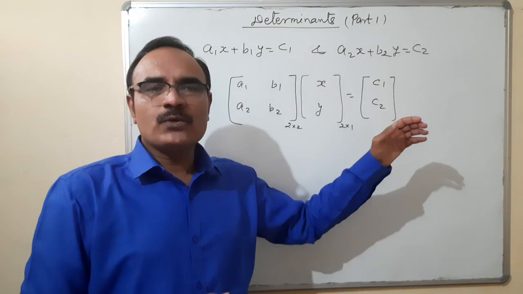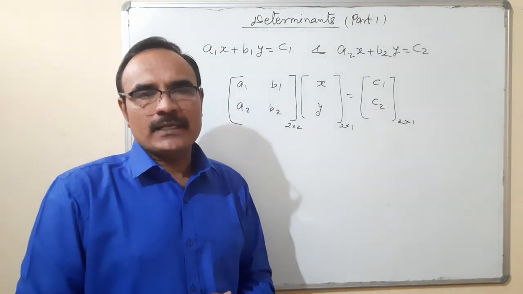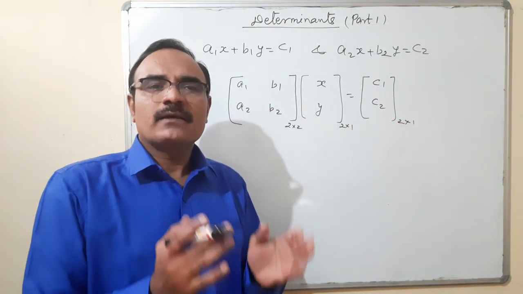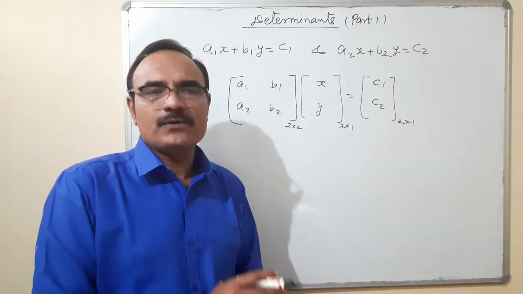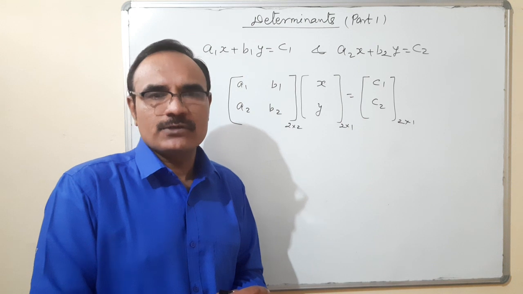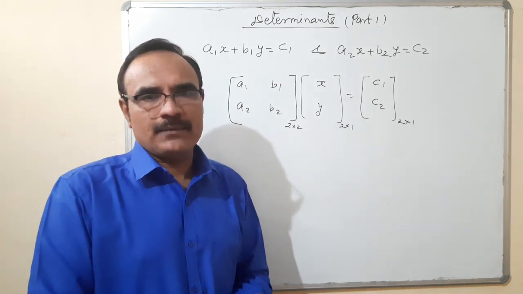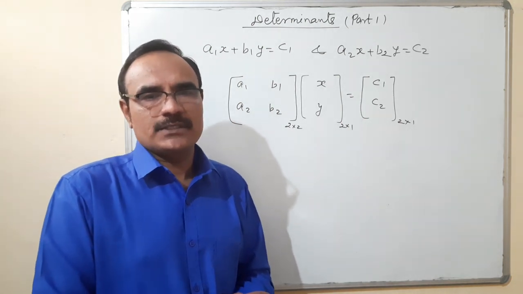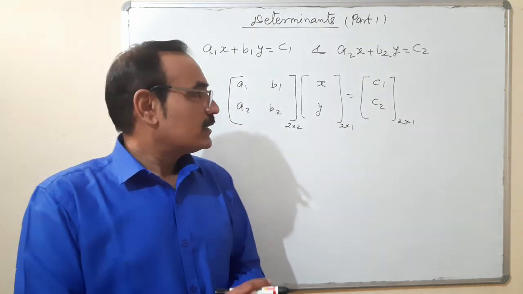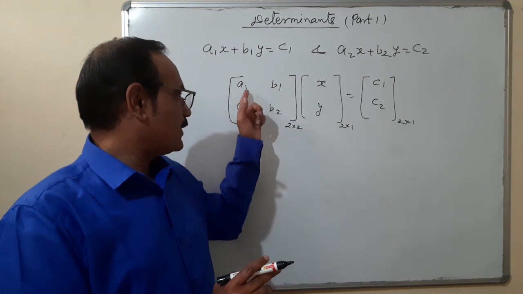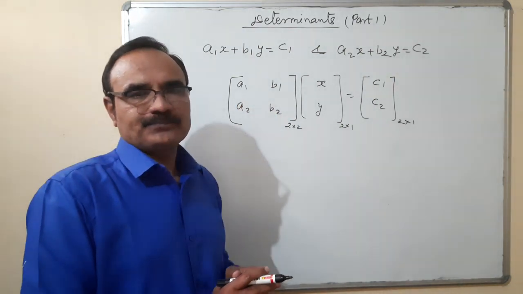If a1 upon a2 is not equal to b1 upon b2, then the system of equations has a unique solution. If a1 upon a2 is equal to b1 upon b2 is not equal to c1 upon c2, there is no solution. And if a1 upon a2, b1 upon b2 and c1 upon c2 are all equal, it has infinitely many solutions. So here the first part is a1 upon a2 and b1 upon b2.